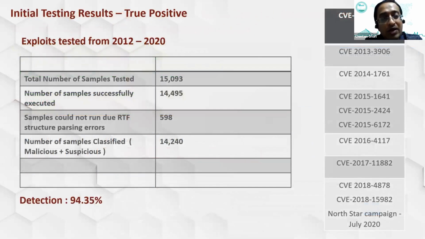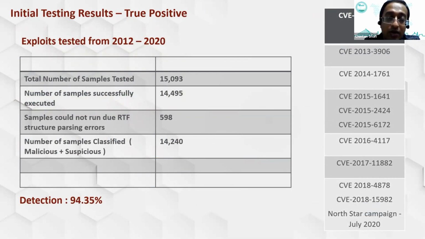Coming to the initial testing results, we tested this engine over a variety of exploits, from 2012 to 2020, around 15,000 exploits.